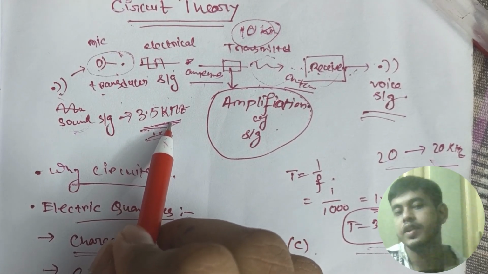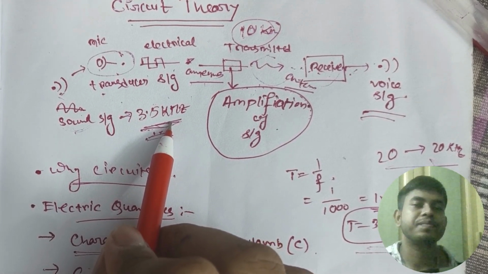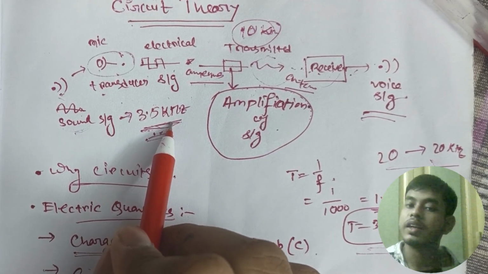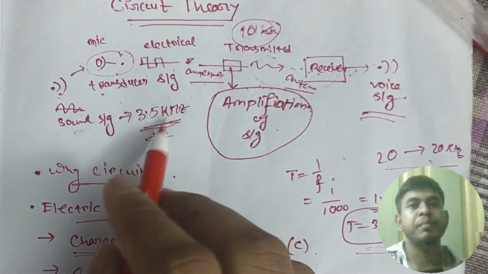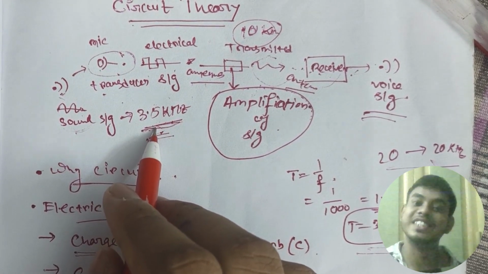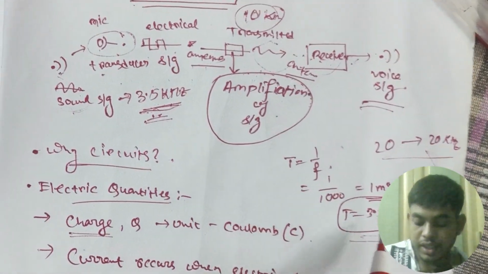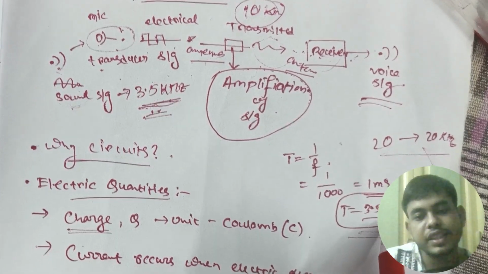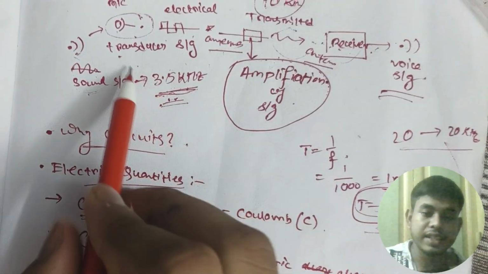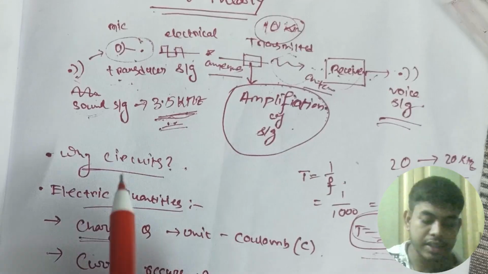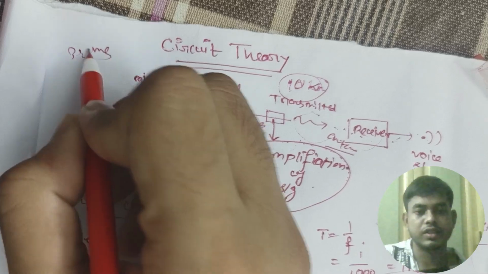Like I told my name, and you are transmitting a different name. This is different. So the minimum time period is 3.5 milliseconds. So the transducer has to work in 3.5 milliseconds.